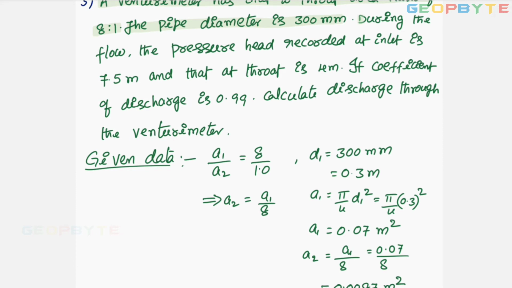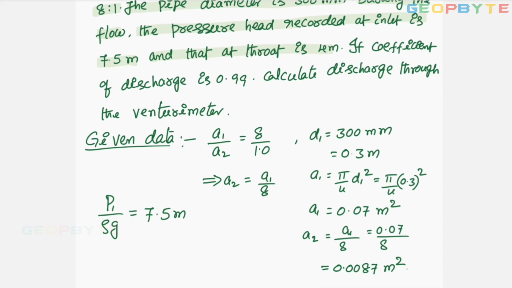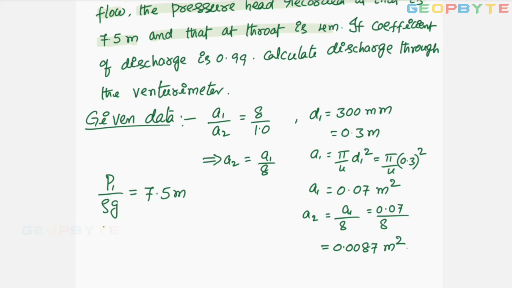Next, during the flow, the pressure head recorded at inlet is 7.5 meters. Pressure head recorded at inlet means P1 by rho g at inlet, pipe level 7.5 meters, and that at throat is 4 meters. So pressure head at the throat level I can mark as P2 by rho g, directly given 4 meters.